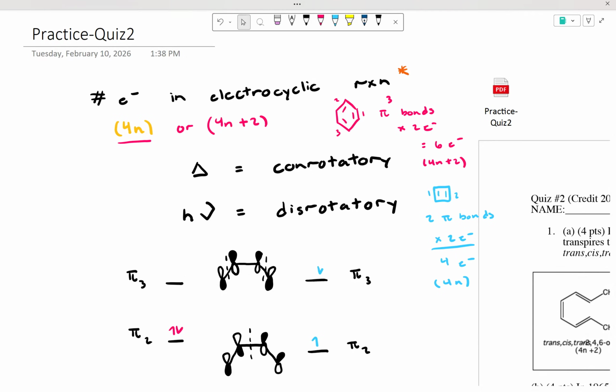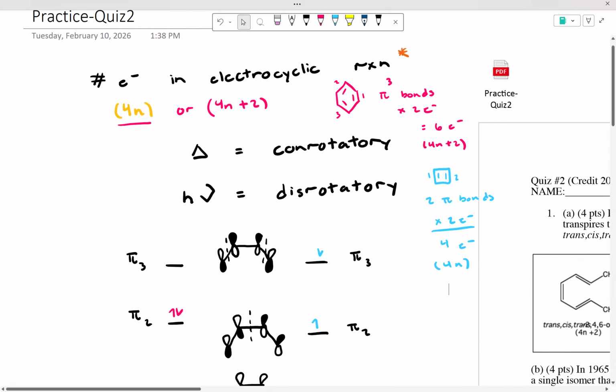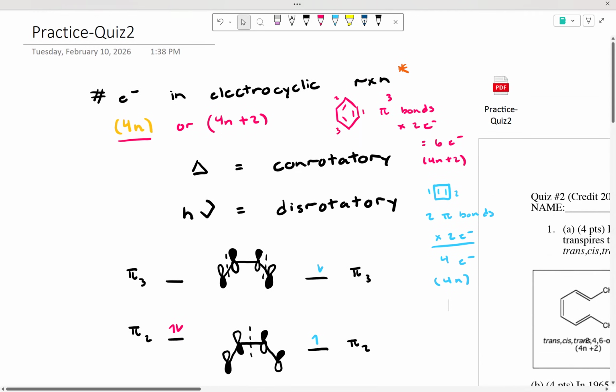I'll keep that there and we can start looking at our reactants and what it means for how the bond is going to spin in the electrocyclic reaction. So for a 4n reaction, if we induce it with heat, we're going to see conrotatory spinning.